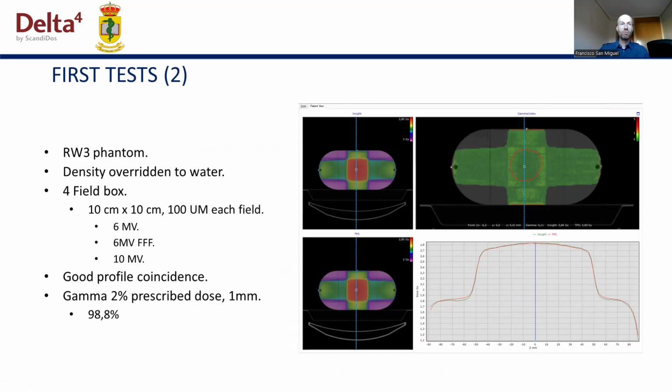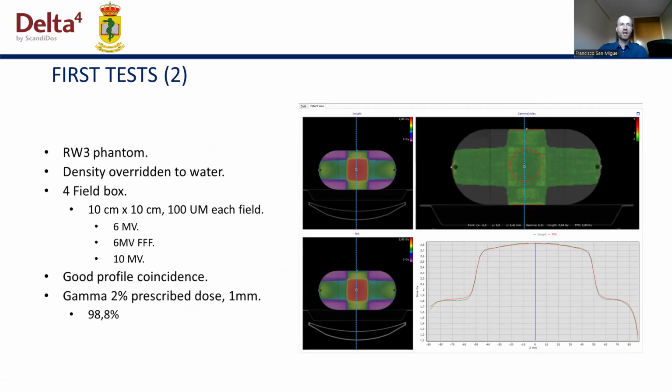Once the simplest case had been verified, the next test consisted of evaluating the dose differences for a 4-field box plan using again a homogeneous phantom with water equivalent density. It is important to emphasize that from now on, the treatment couch is included in both the treatment planning system calculation and in Insight.